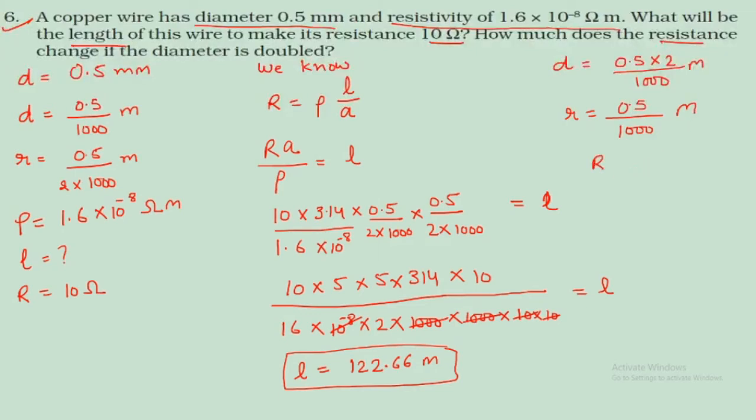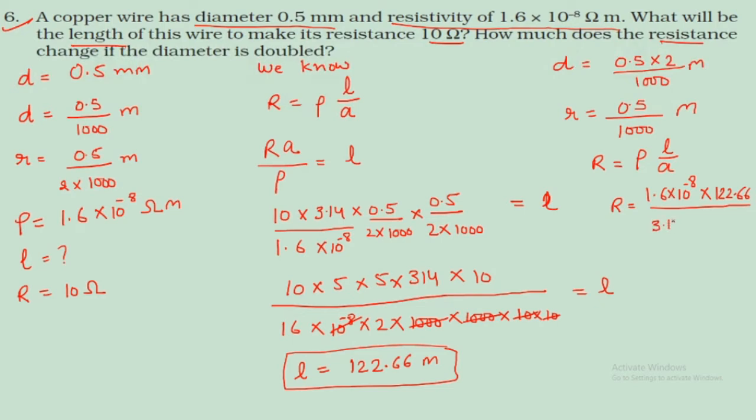We get R equals ρL upon A. Put the values: ρ is 1.6 into 10 raised to the power minus 8, L is 122.66, and A is the area of cross section.